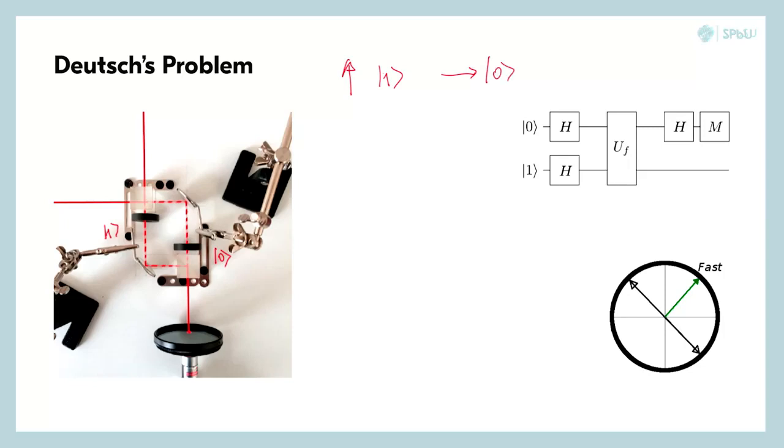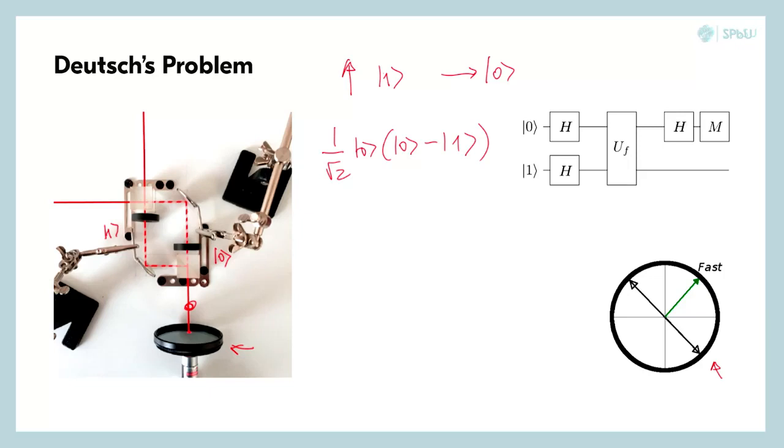And if our polarizer here is oriented like this, then on the input at this point we have this state.